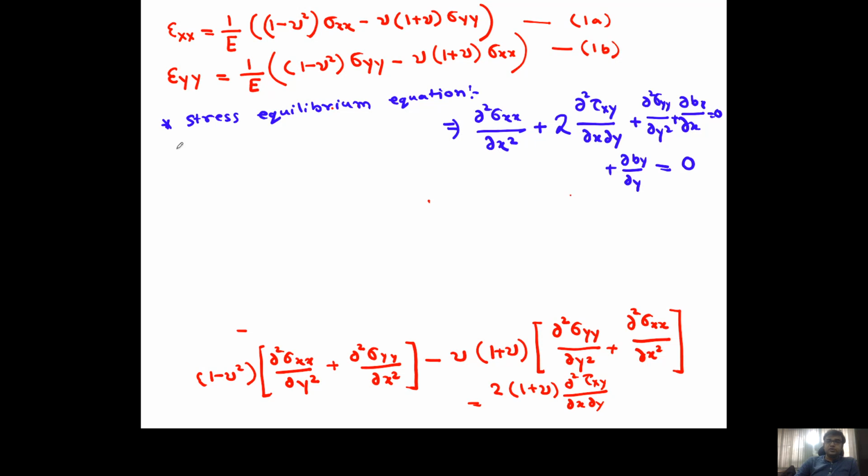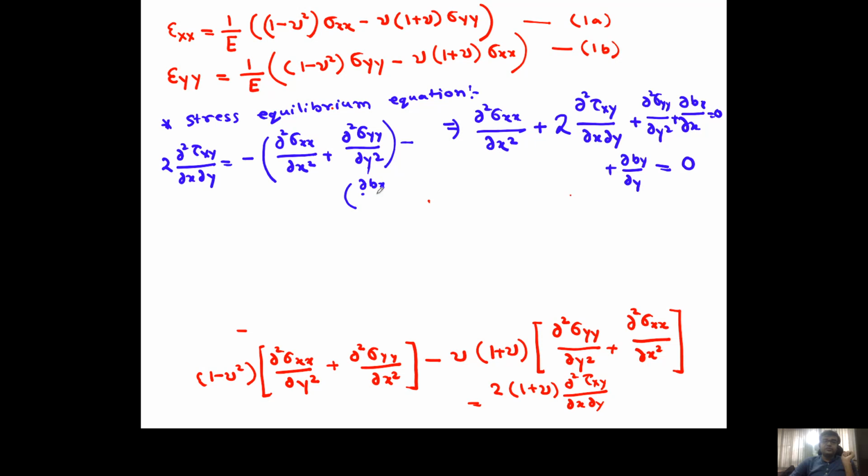So with this equation, 2 del 2 tau xy del x del y, this is what I need, and this is equal to minus del 2 sigma xx del x2 plus del 2 sigma yy del y2 minus del bx del x plus del by del y.